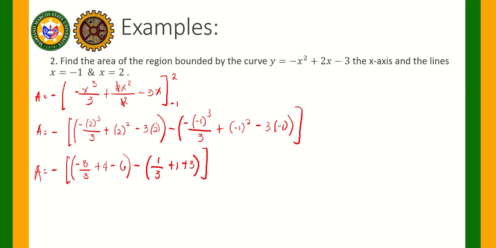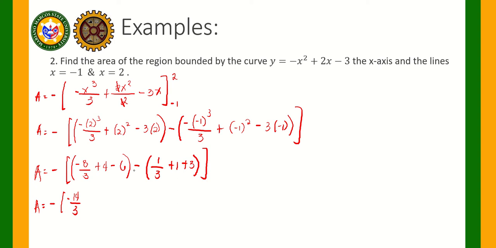So negative 8 over 3 plus 4 minus 6 is equal to negative 14 over 3. And 1/3 plus 1 plus 3 is 13 over 3.